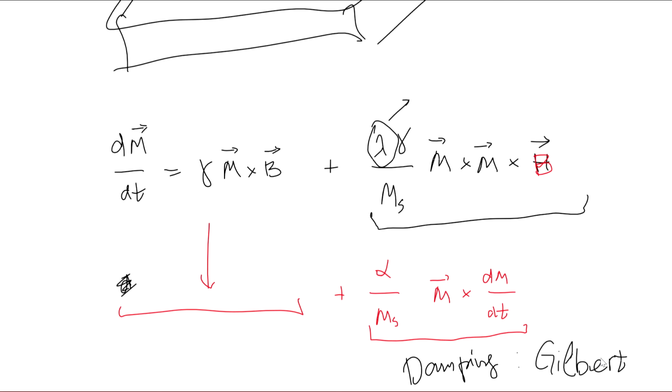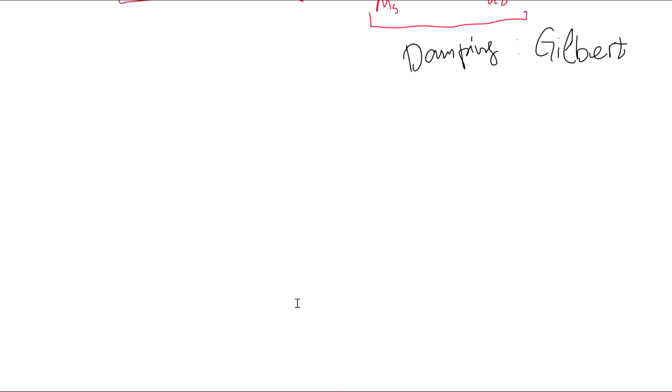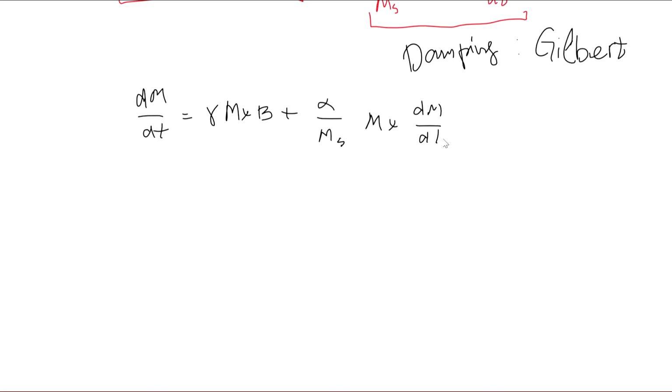to the Landau-Lifshitz equation, and the equation with damping term, so that's dm/dt is equal to gamma m cross B plus alpha over Ms m cross dm/dt. This is called the Landau-Lifshitz-Gilbert equation.